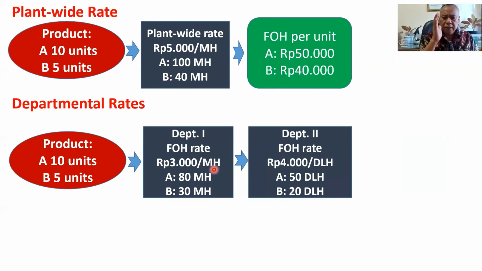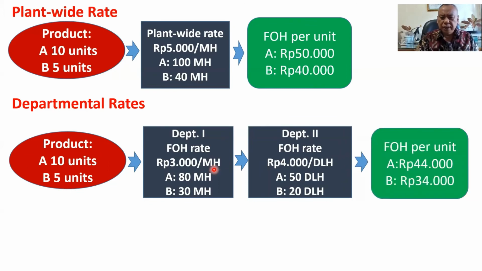After finishing production in department 1, we continue to department 2. And then we can assign the factory overhead cost to each kind of product.